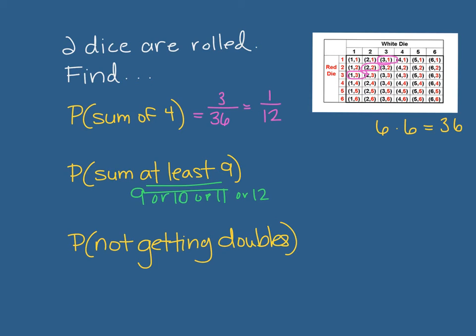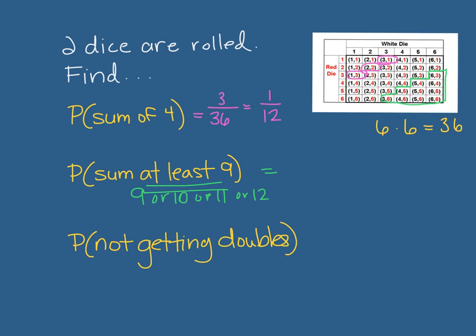So we need to count the ones that total up to 9 or 10 or 11 or 12, because those are all things that get us what we want. So that's going to be this corner of the chart. 6 and 3 is 9. 5 and 4 is 9. 4 and 5, 3 and 6. They're all 9s. So there's 4 9s.